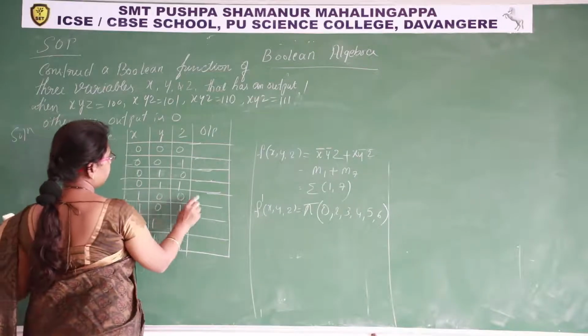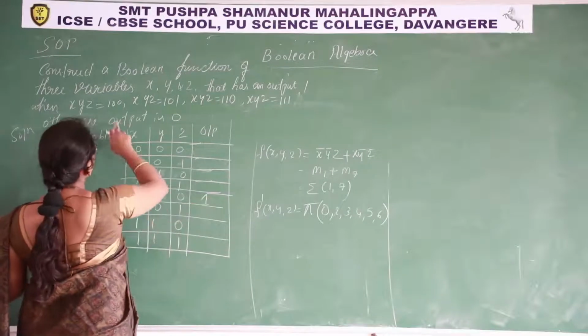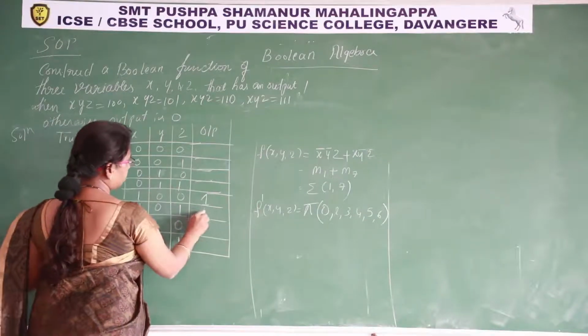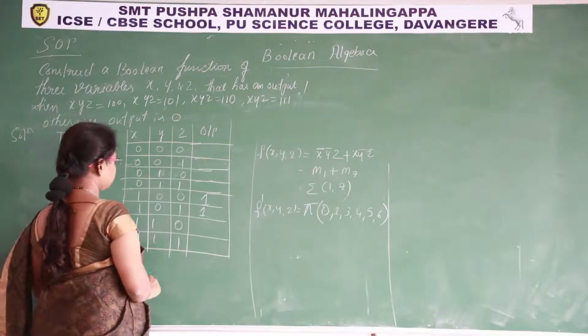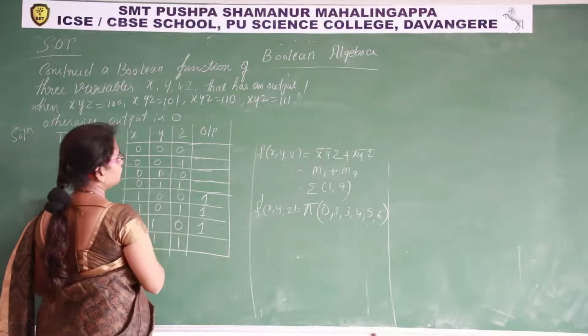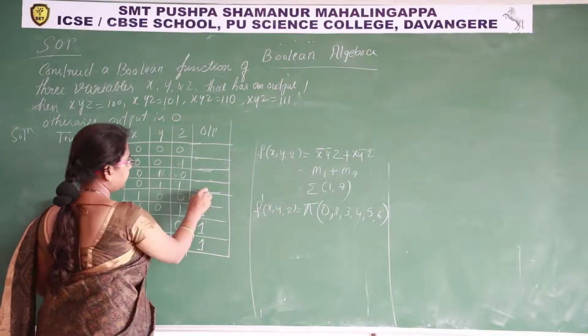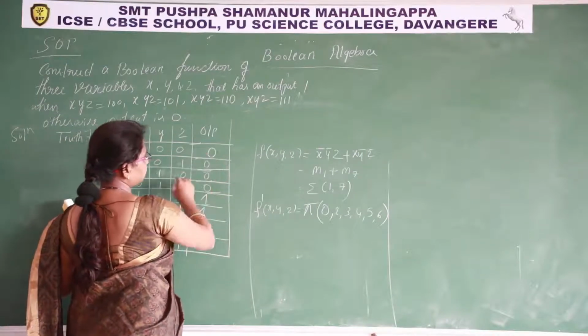Where is 1 0 0? Here the output is 1. Then 1 0 1 output is 1, 1 1 0 output is 1, 1 1 1 output is 1, and in the remaining cases the output is 0.